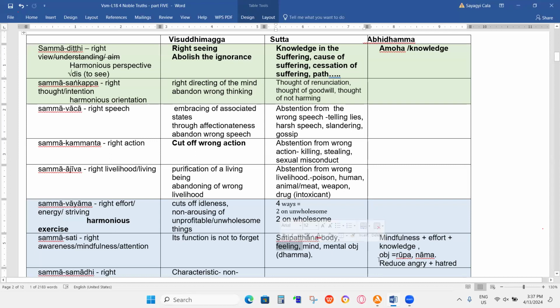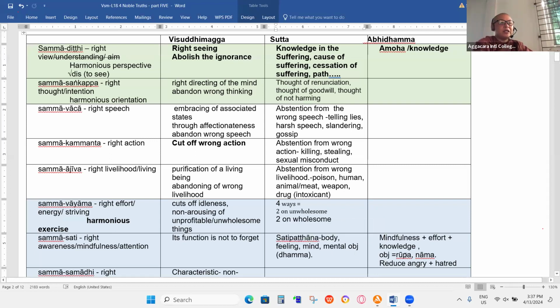Yes, nama. The first one, body, is rupa. Feeling and mind are nama. Mental object, dhamma, is a big category because we have 89 chittas and 52 cetasikas, so the last one, mental object, is mixed between nama and rupa, the two of them. Okay, thank you.